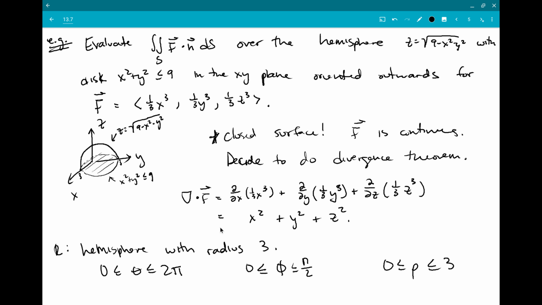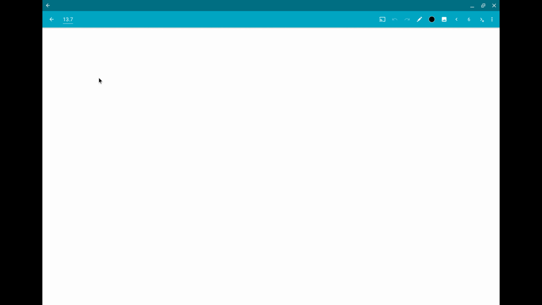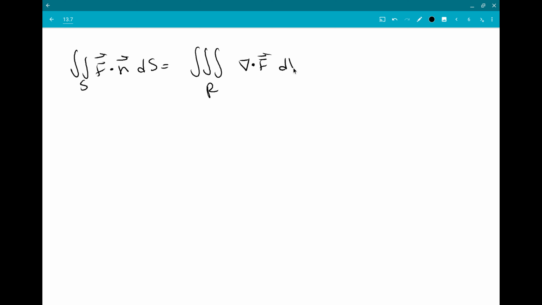Okay, so I have the ingredients of the divergence theorem so far. I started with a surface integral, it was oriented outwards. And then I can convert it to a triple integral over my region of del dot F dV. I found the bounds for my region and I found my del dot F, so I could go ahead and start plugging stuff in.